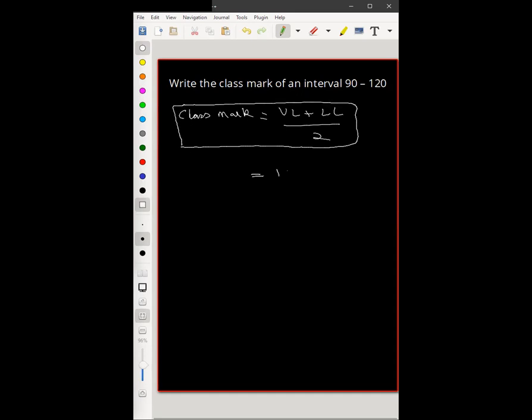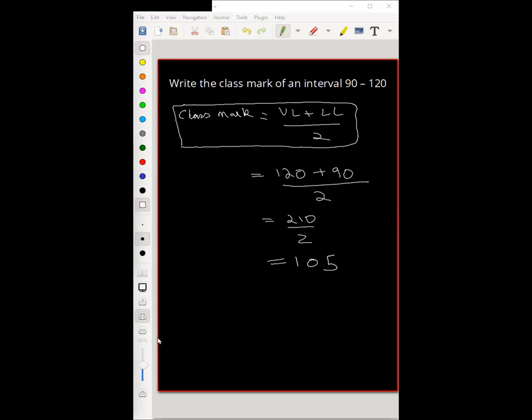So it will be 120 plus 90 divided by 2, which will be 210 by 2, which is 105. Arpita, you gave me an answer of 15. Sorry, sir, I did 120 minus 90. So I forgot and did minus. It's plus.